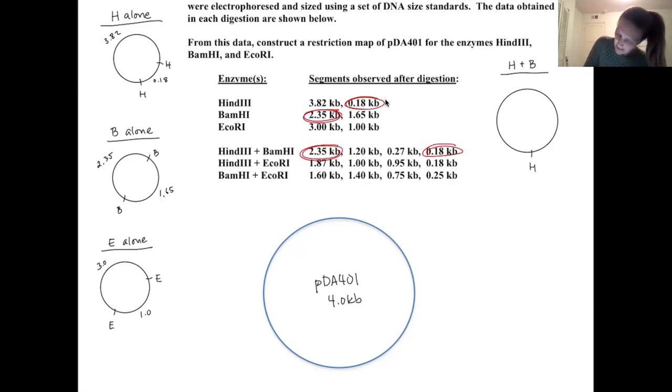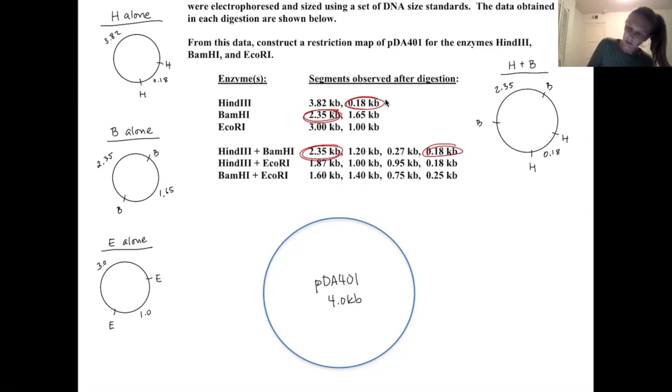So I'm going to put my HinD in HinD, and I have 0.18. We know that that's conserved. And we also know that somewhere up here, we have a 2.35 with BAM and BAM, right? So we know that this 2.35 is conserved, check. And we know this 1.18 is conserved.